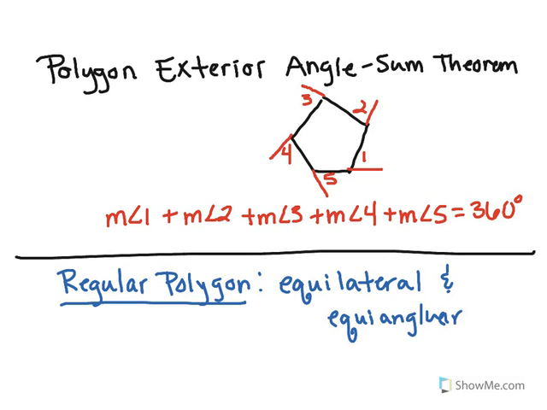So, like an equilateral triangle has all three sides congruent, that would be a regular polygon. And if you have all your sides congruent, that implies equiangular. So they're really the same thing hand in hand, but we just call them different things just to be more specific. So that concludes this tutorial.